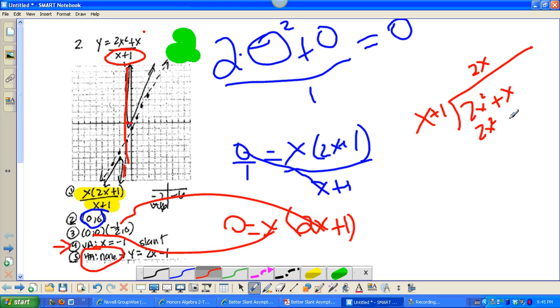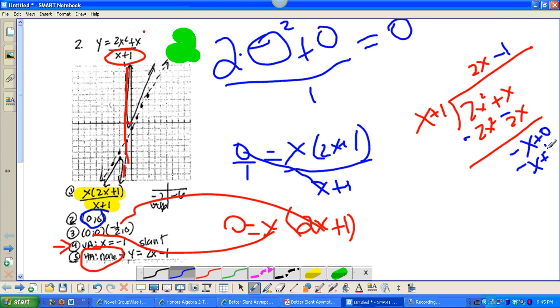And then 2x times 1 gives you 2x. Remember that you have to change the signs. So I end up with a negative x, and then I would actually bring down a 0. So up here I would put a negative 1. Negative 1 times x is negative x. Negative 1 times 1 is a negative 1.